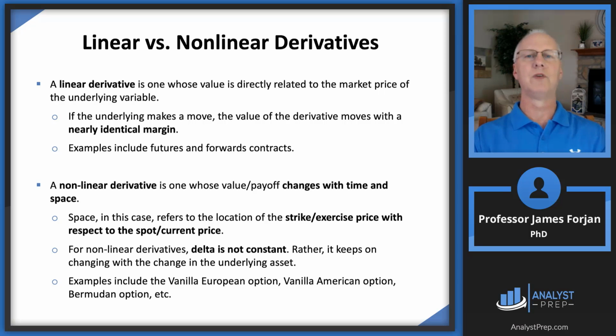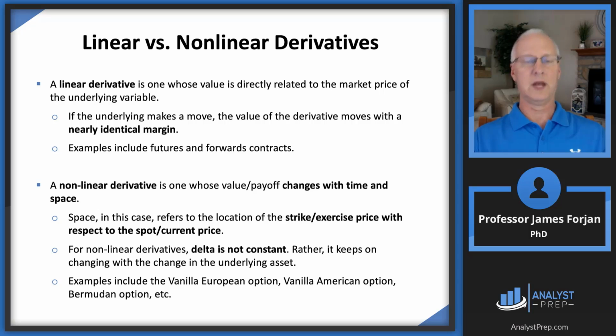Remember, futures contracts are standardized forward contracts that are traded on exchanges or in the over-the-counter market, and they have daily settlement. A nonlinear derivative, however, is one whose value or payoff changes over time, and of course, this is true with options. So for nonlinear derivatives, the delta is not constant.